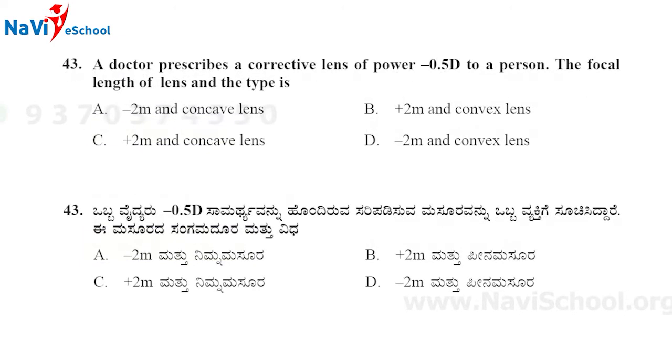Next question. Question number 43. A doctor prescribes a corrective lens of power minus 0.5 D to a person. The focal length of the lens and the type is: option A, minus 2 m and concave lens, option B, plus 2 m and convex lens, option C, plus 2 m and concave lens, option D, minus 2 m and convex lens.